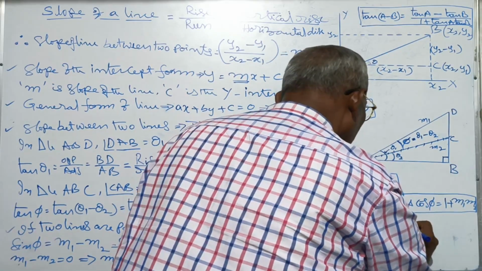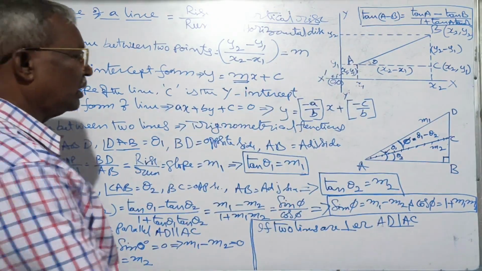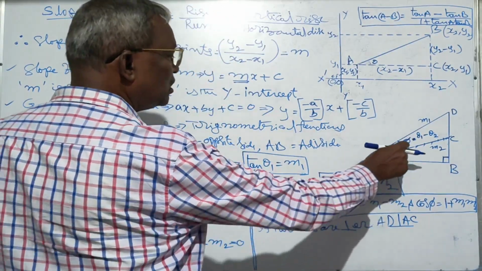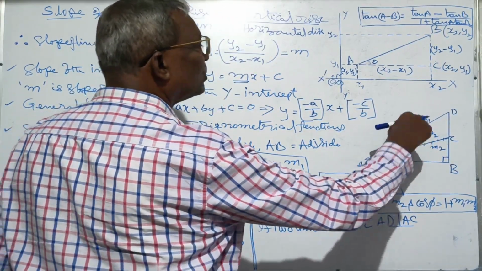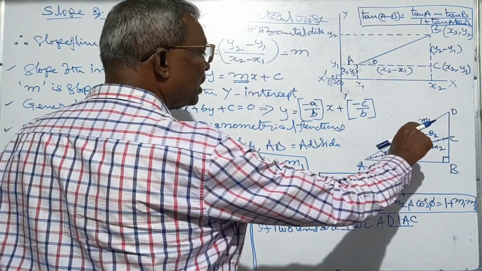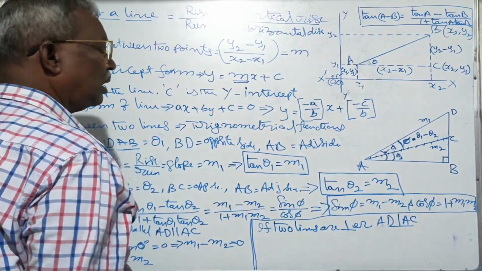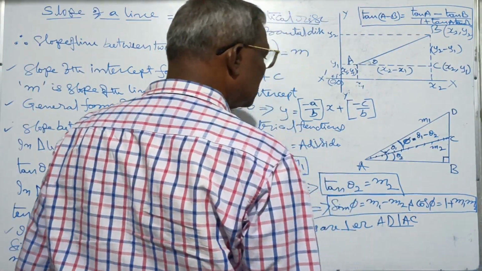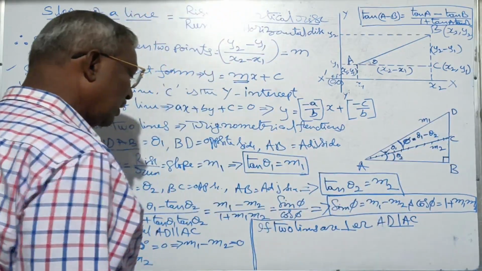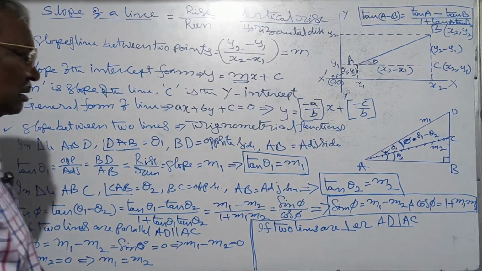When AD is perpendicular to AC, this difference of angle will become 90 degrees. The ray will go up. So this difference of angle pi is equal to 90 degrees.